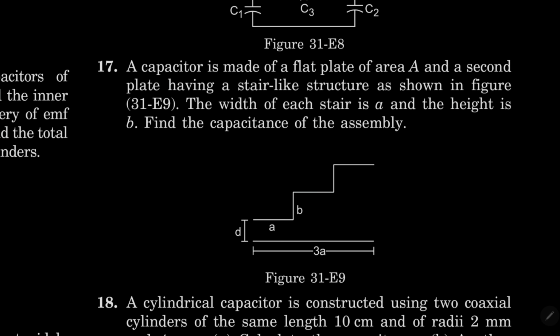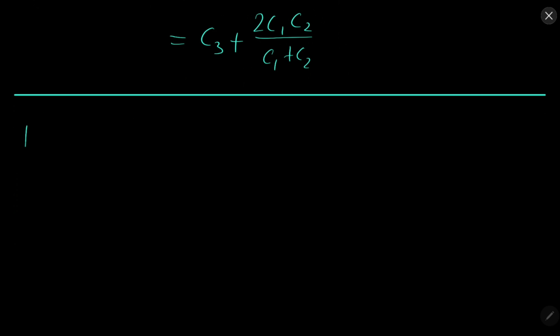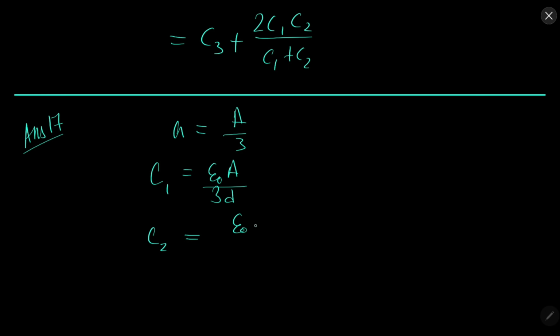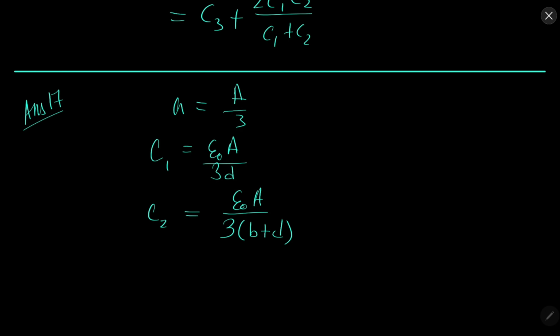In 17, find the capacitance of the assembly. Solution 17. So all have the same surface area, A by 3. First capacitance will be epsilon naught A over 3D. Second will be epsilon naught A over 3(B plus D).